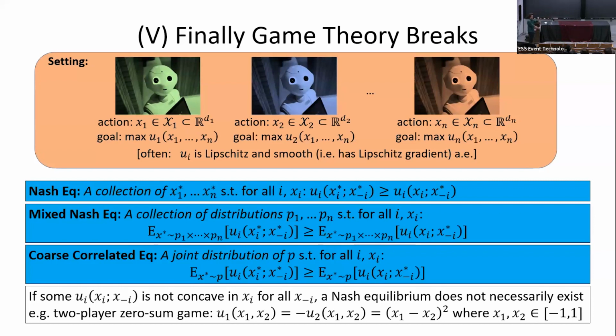Why? Because if they play the same thing, player one is unhappy and wants to go away. If they play different things, player two is unhappy and wants to go and match player one. So this game has no Nash equilibria. What broke? Well, the utility of player one is not concave in X_1. The moment you break that, very simple cases fail to have Nash equilibria.